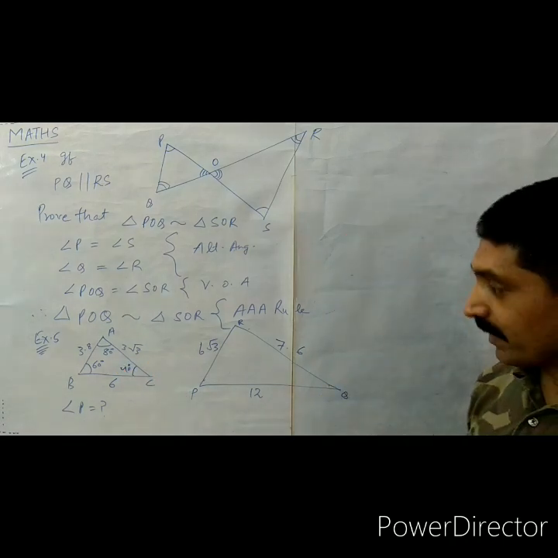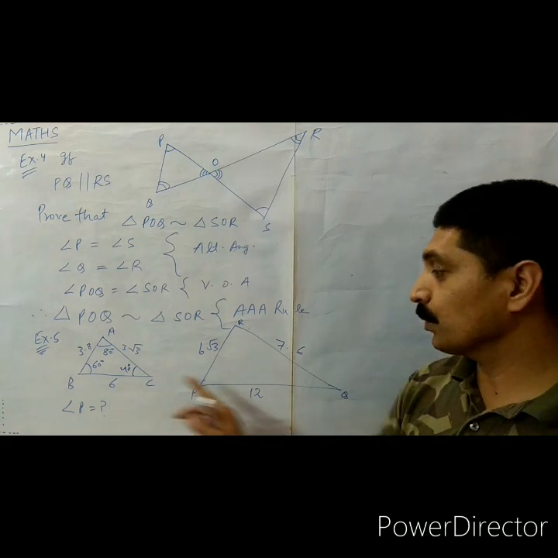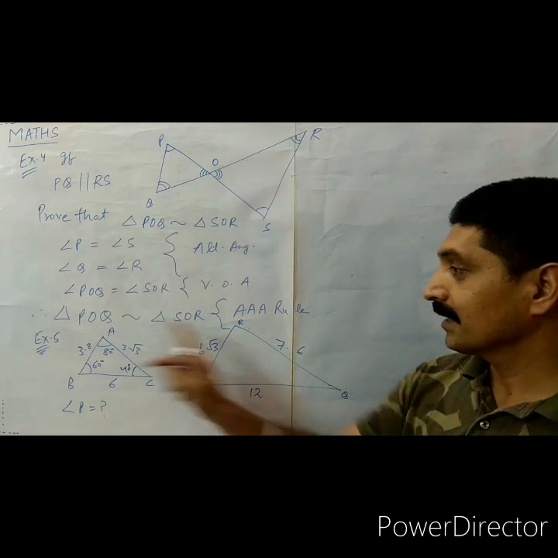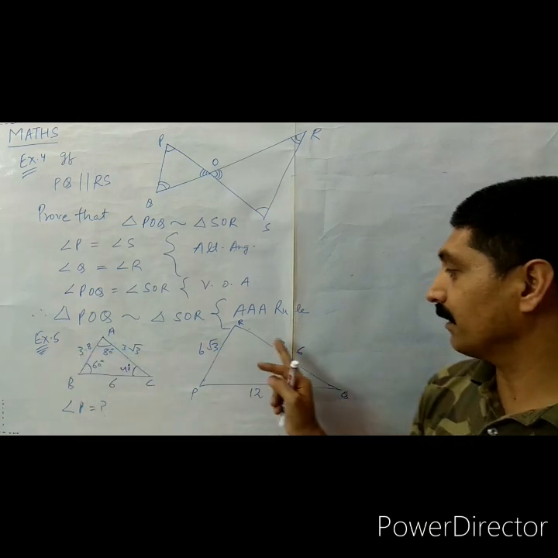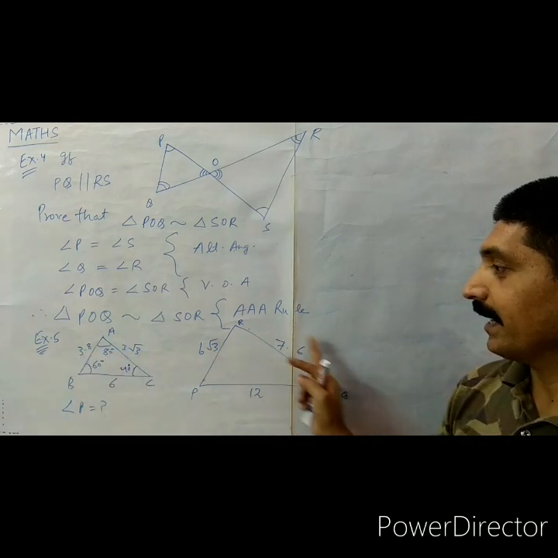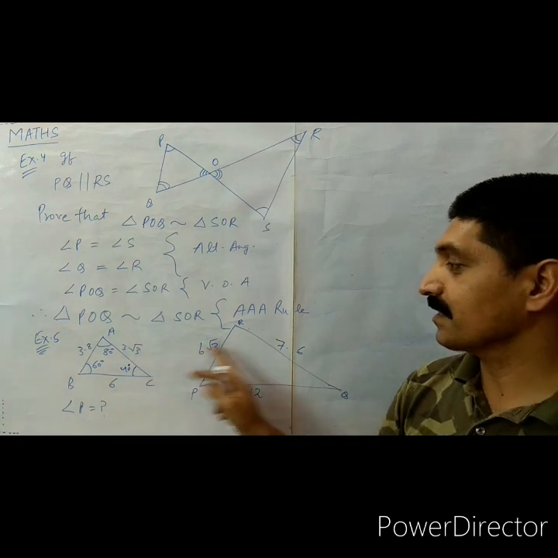So here we have the relation: 6 into 2 is 12, 3.8 doubled is 7.6, and 3 root 3 doubled is 6 root 3.